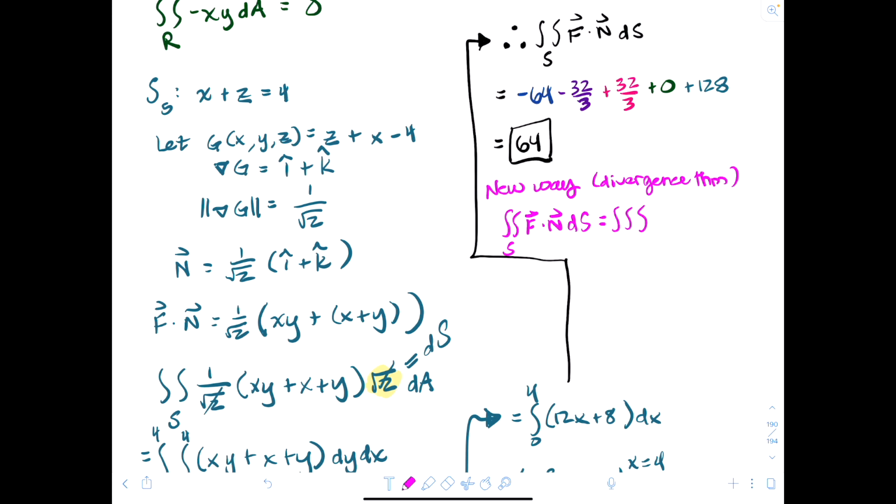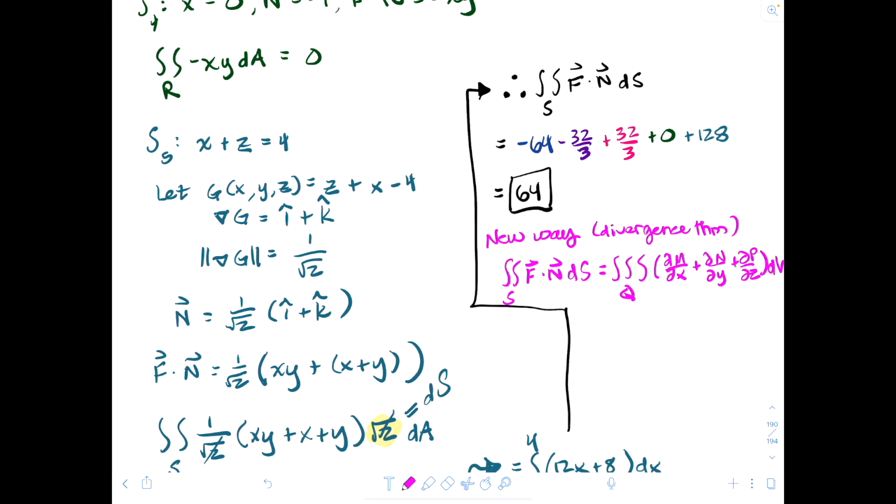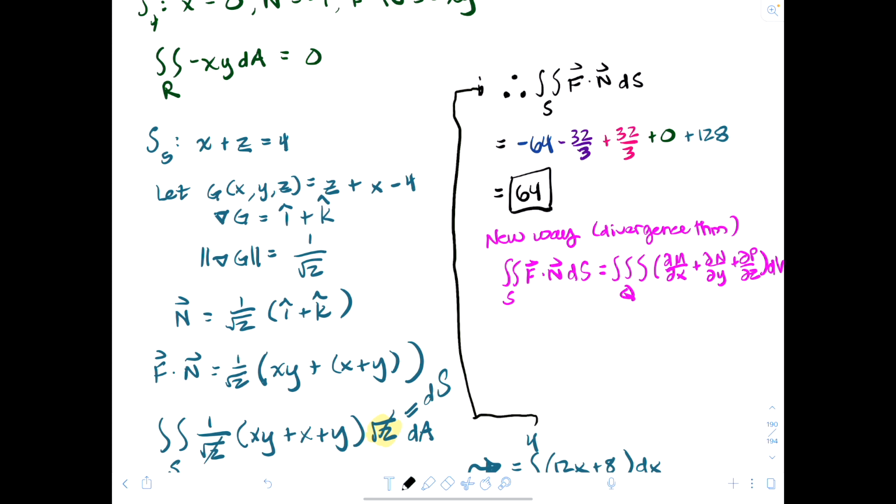So it would be of the first partial of M with respect to x, plus the first partial of N with respect to y, plus the first partial of P with respect to z. And then that would be dV. So this is our region Q. Okay, so let's see. Actually, let's switch this a little bit so we have more room. So this would go up to here.